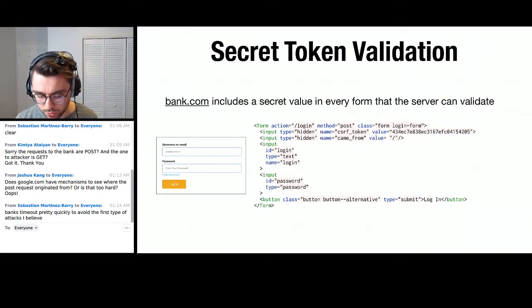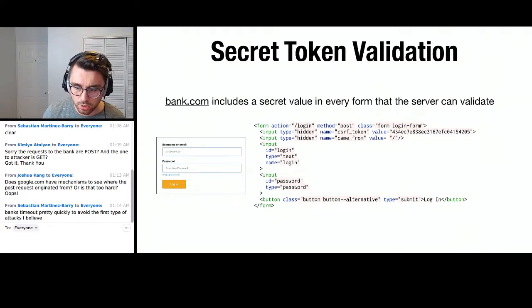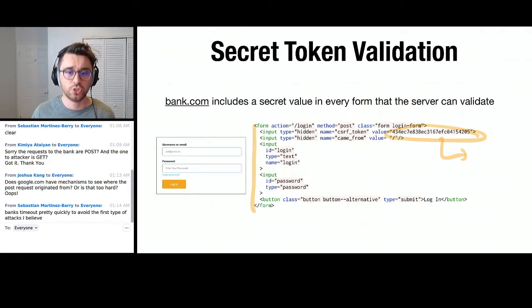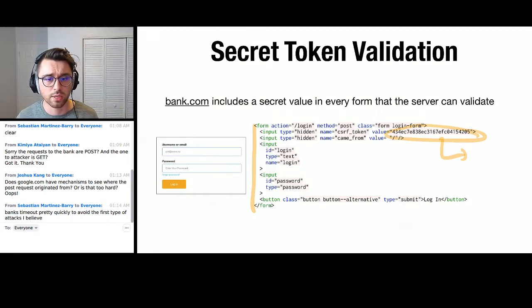Well, the idea behind CSRF tokens is that anytime we send a web page to the browser that may have, let's say, a form, we're going to include a secret token with this form. And then when the user clicks the login button and this form is submitted, this token is sent back to my web server, and I can check this token server side against whatever tokens I know I've generated or sent to the browser.